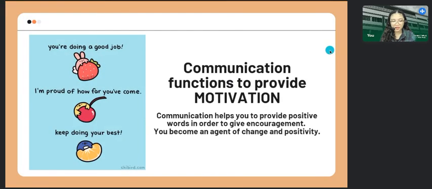We have communication functions to provide motivation. Communication helps you to provide positive words in order to give encouragement. You become an agent of change and positivity. This function of communication, you are always doing this in your HGP session with your advisor.